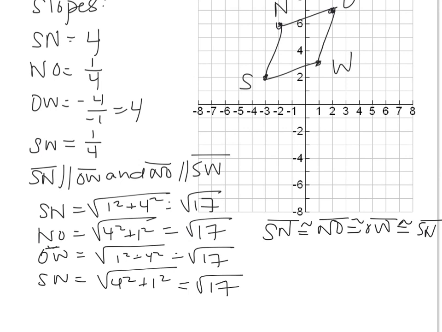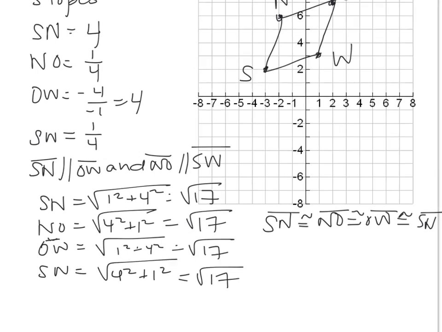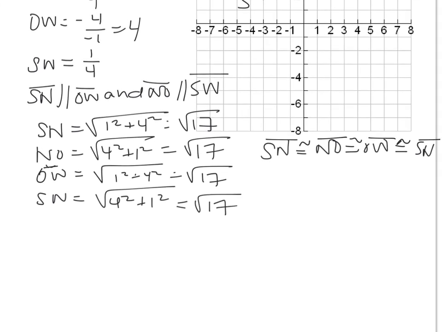Okay, so in conclusion, SNOW is a parallelogram with 4 congruent sides and no right angles. Okay, well, what kind of parallelogram is that?